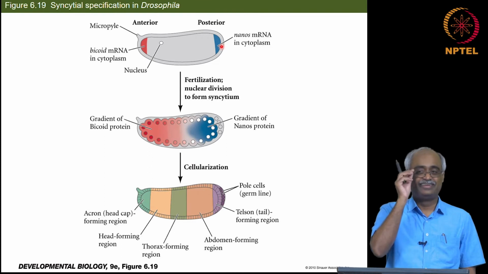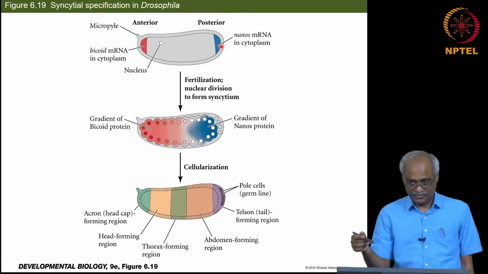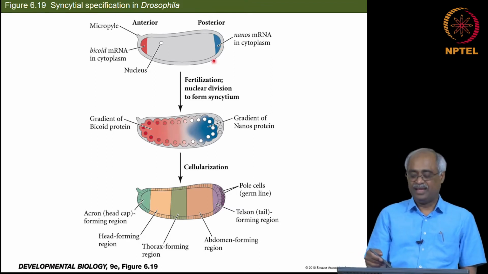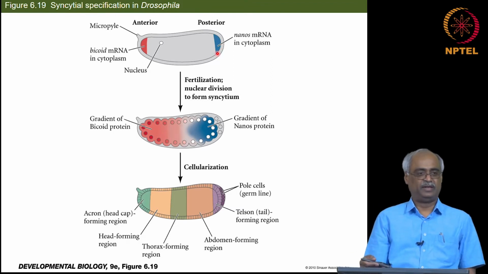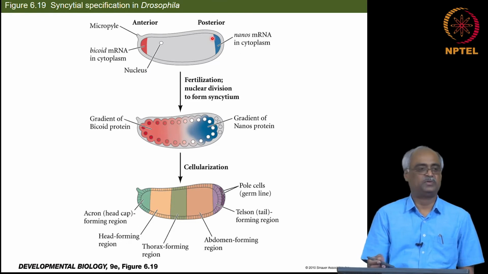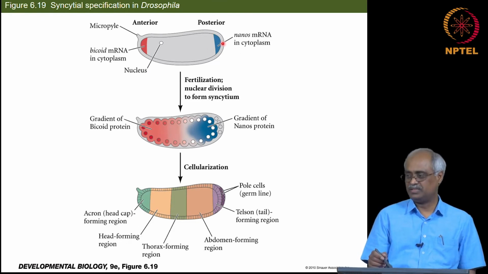And whatever goes to the posterior, who is already there in the posterior? Oskar. Okay. So Oskar protein is by then produced, and that Oskar protein can bind and hold nanos mRNA there. Not only that, Oskar can dislodge some of the translation inhibitors and allow nanos translation in the posterior.